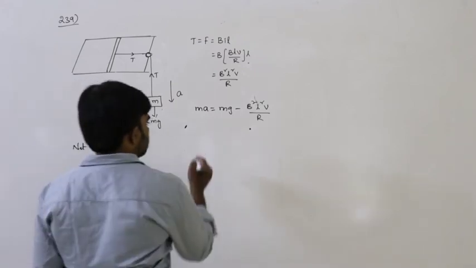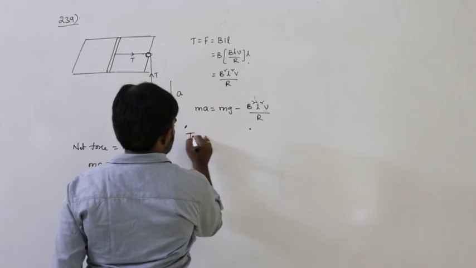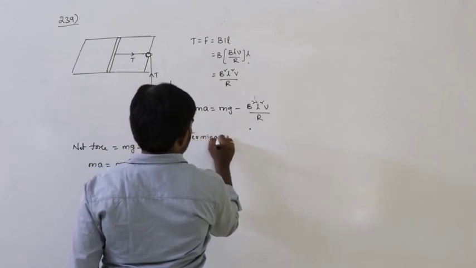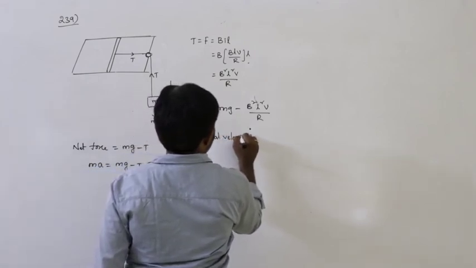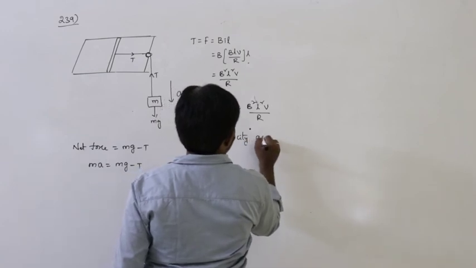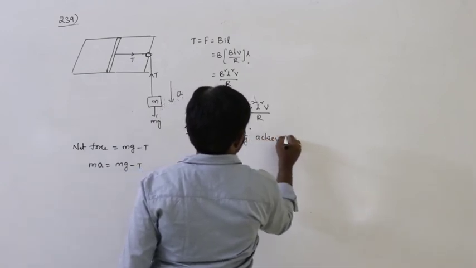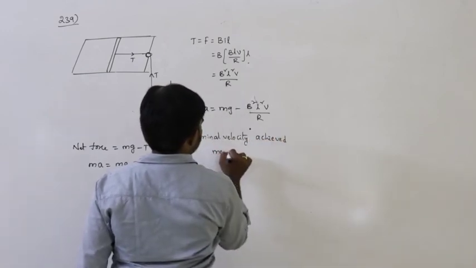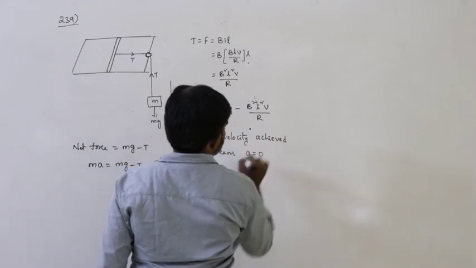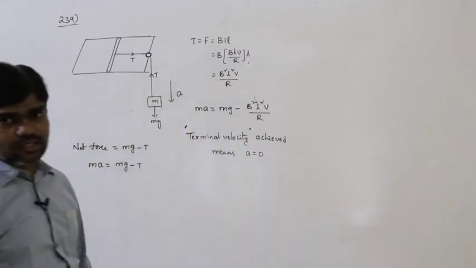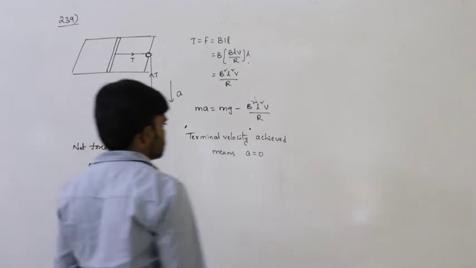Terminal velocity achieved by the rod means the acceleration must be 0. Terminal velocity means constant velocity, so that's why acceleration is 0.